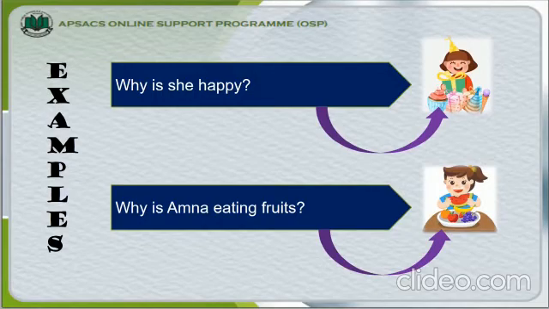So it means she is happy because it's her birthday. Next, why is Amna eating fruits? Well, she looks happy eating fruit. So it means that Amna is eating fruits because she likes fruits.